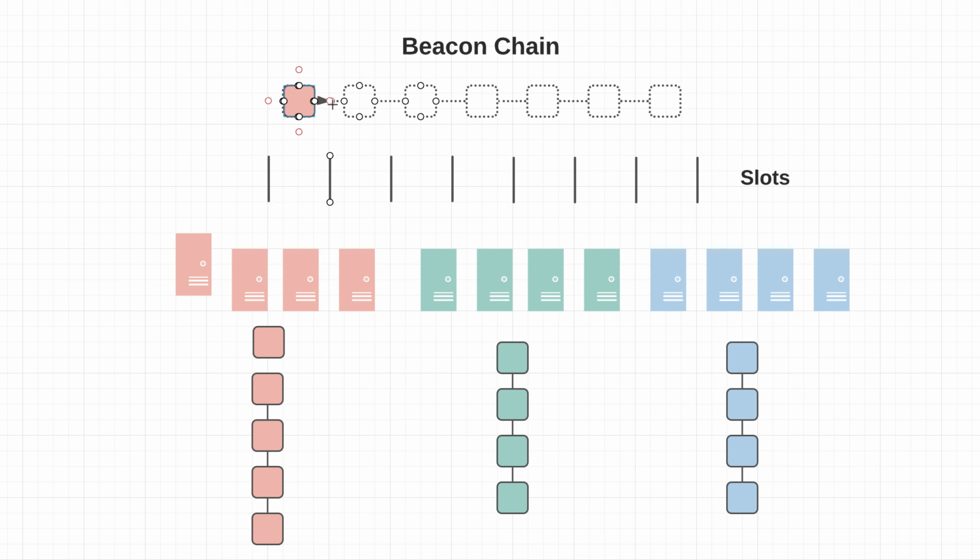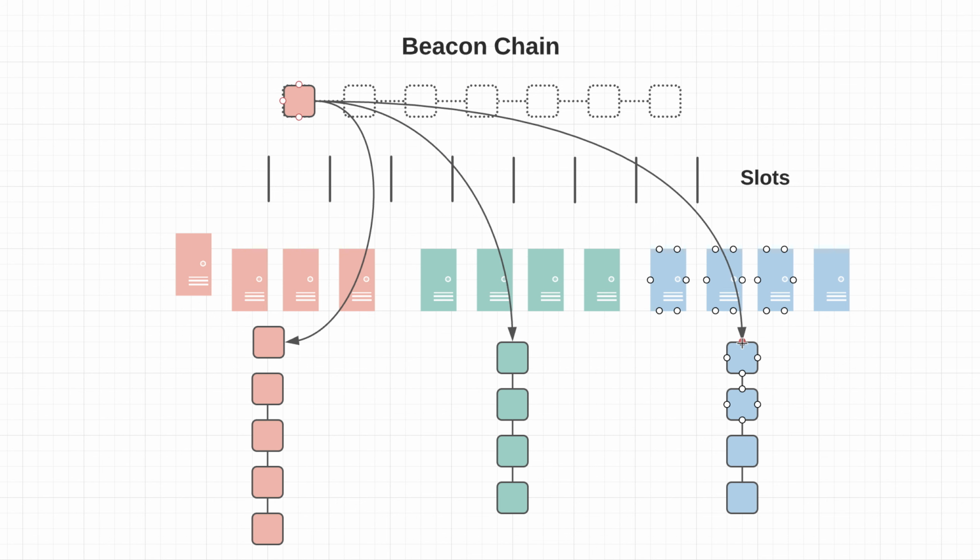This essentially just confirms the inclusion of the block in the beacon chain. These crosslinks right here are how the beacon chain is going to follow the head of the shard chain. And by knowing the head of the chain, you can essentially identify the updated state for the entire chain. This is what is going to allow all of these shards to stay in sync, something like this.